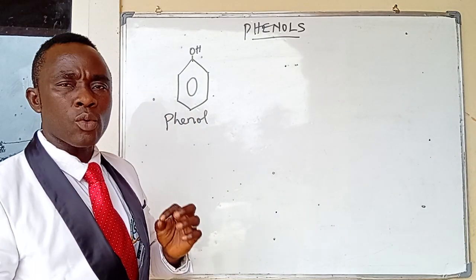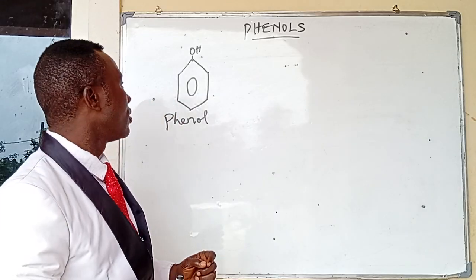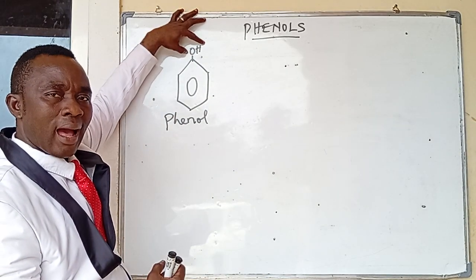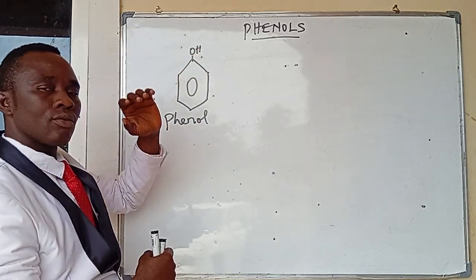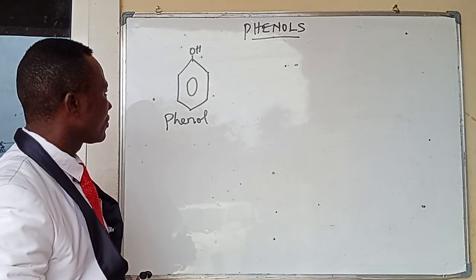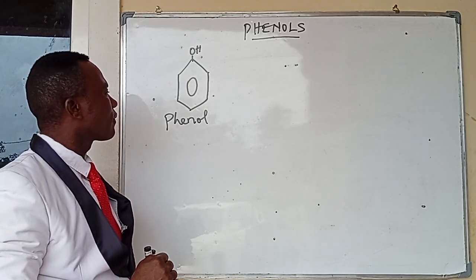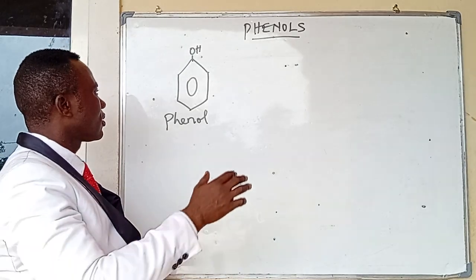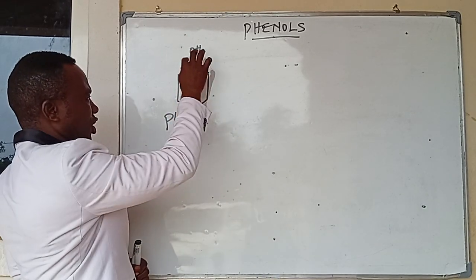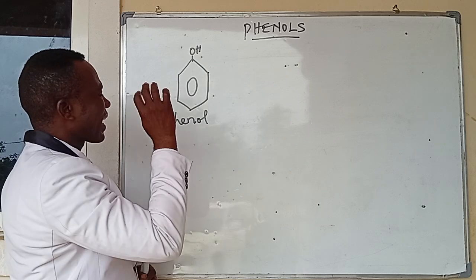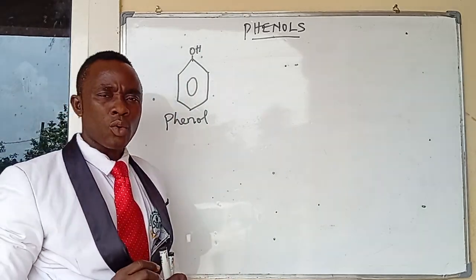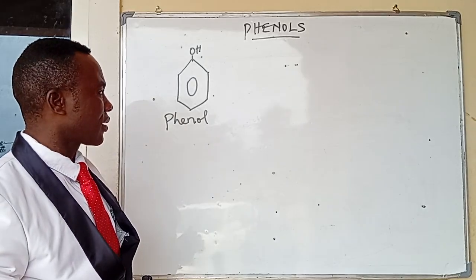Phenols are aromatic organic compounds having a hydroxyl group attached directly to a benzene ring or any aromatic ring. Phenols are aromatic organic compounds that have the hydroxyl group directly bonded to the aromatic ring or benzene ring.